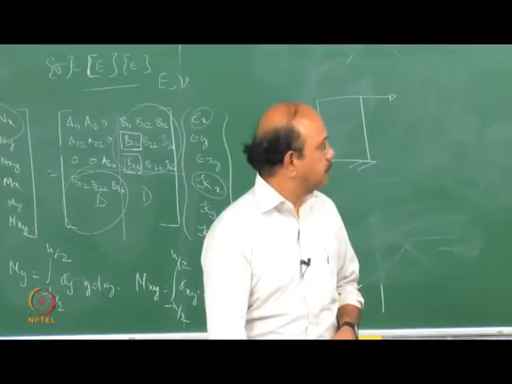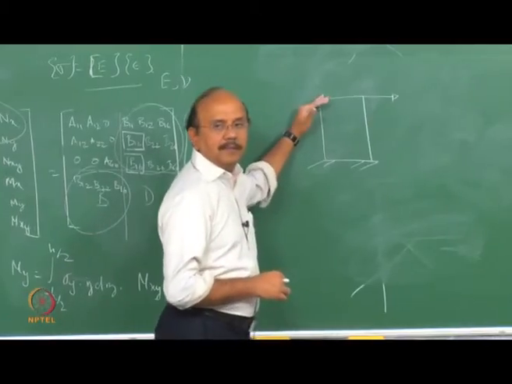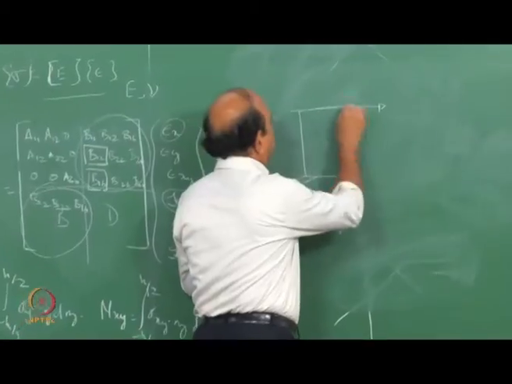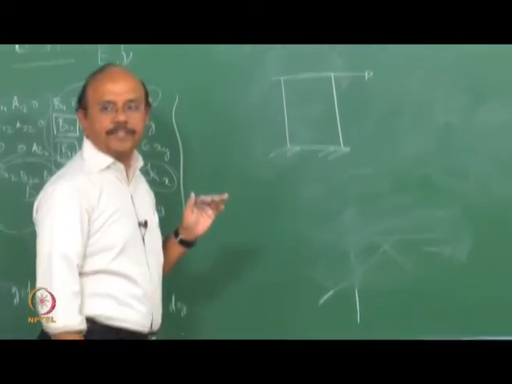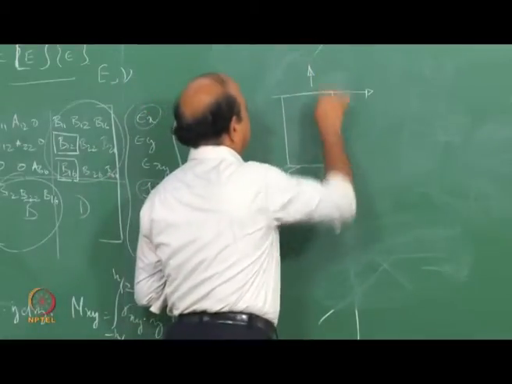Now let's see what happens. I can do two things. One is that both of them, the bottom and the top, are fixed not to move in the Z direction.